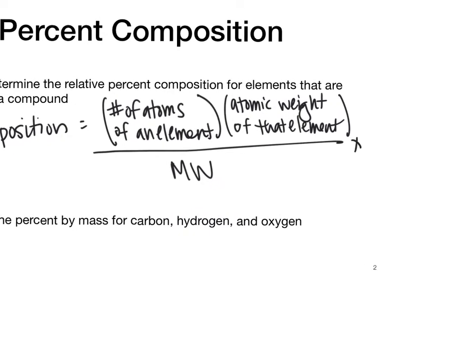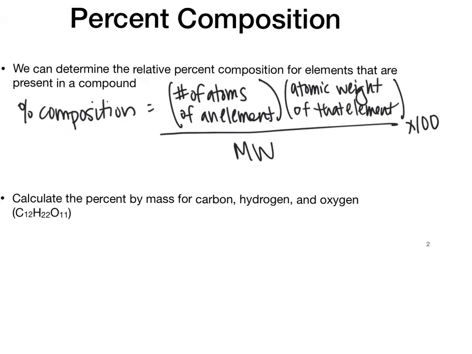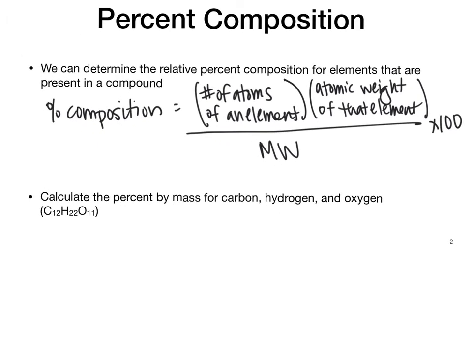Then we're going to multiply by 100. So all this is saying is that the percent composition is similar to the percent by mass. So we are calculating what percent of the mass comes from any given element.